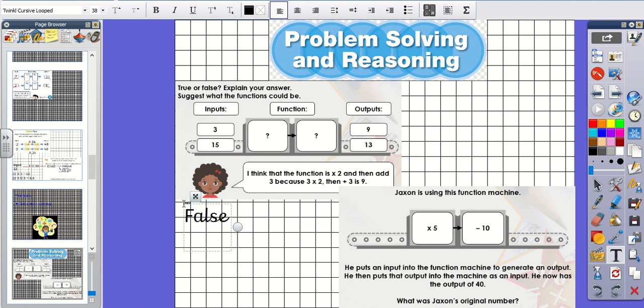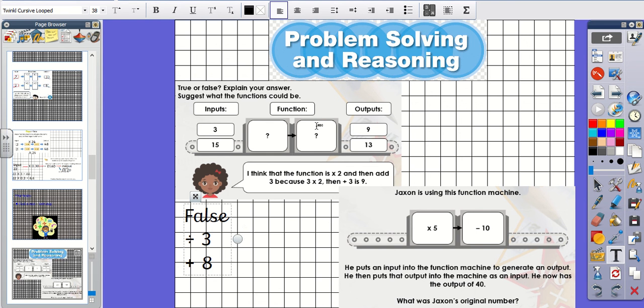Okay then, so let's think what it could be then. I think it could be, let's try a division maybe. Divide by 3. So 3 divided by 3 is going to give me 1. 1 add 8 will give me 9.